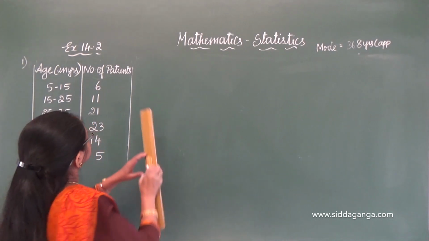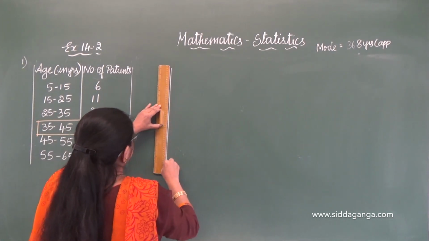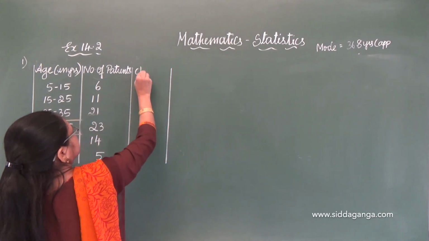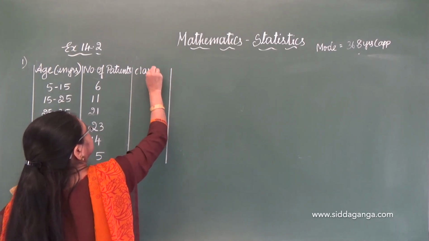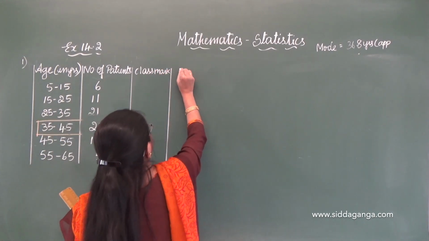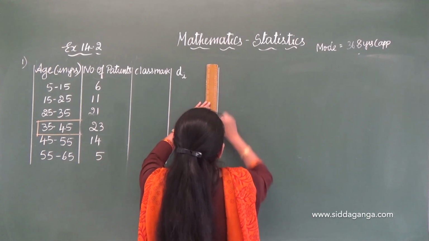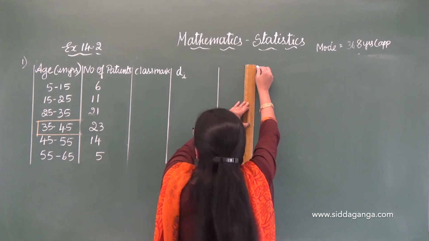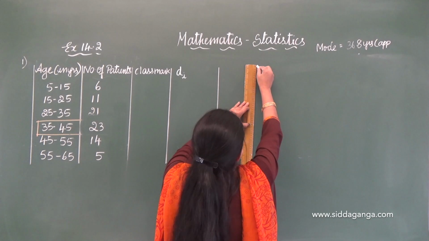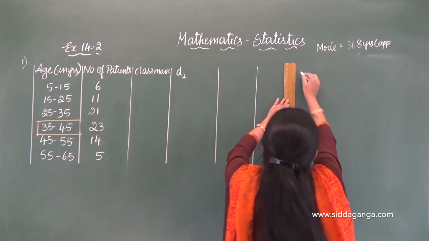So what are the columns? Next, class mark, then di, then comes ui.